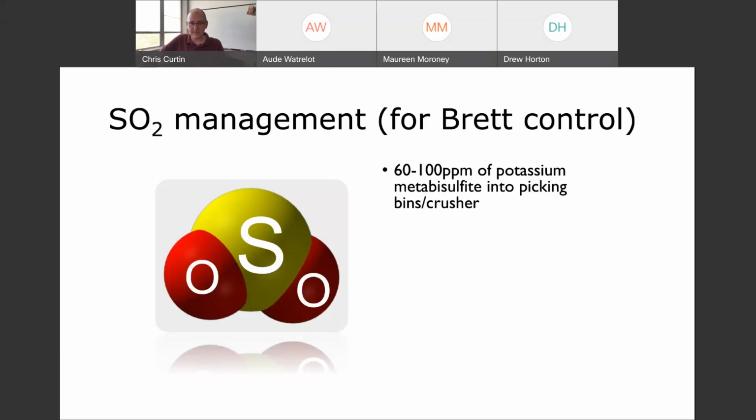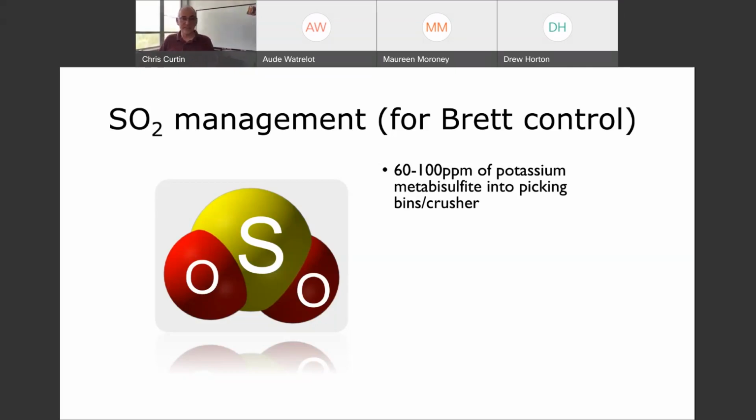Starting with the fruit, unless you're trying to carry out spontaneous fermentation, then definitely adding a decent amount of potassium metabisulfite either into the picking bins or at crusher is a good idea, and more if the fruit is in any way damaged or diseased. That's going to help with managing not just Brettanomyces, but a whole lot of other potential microbial issues.